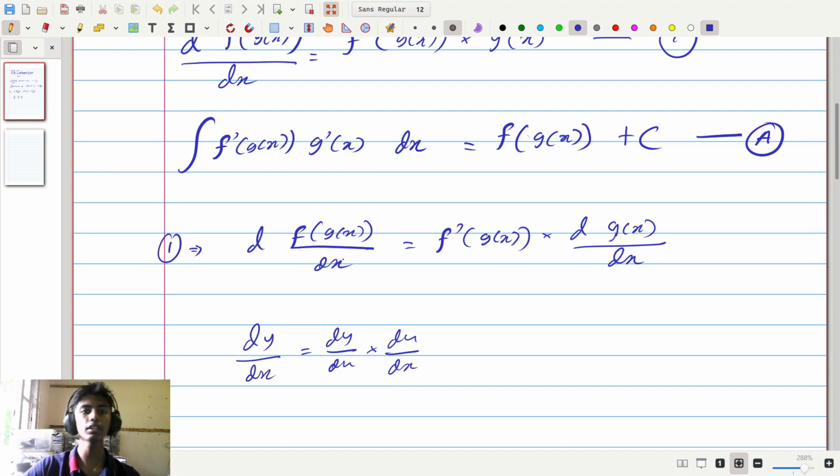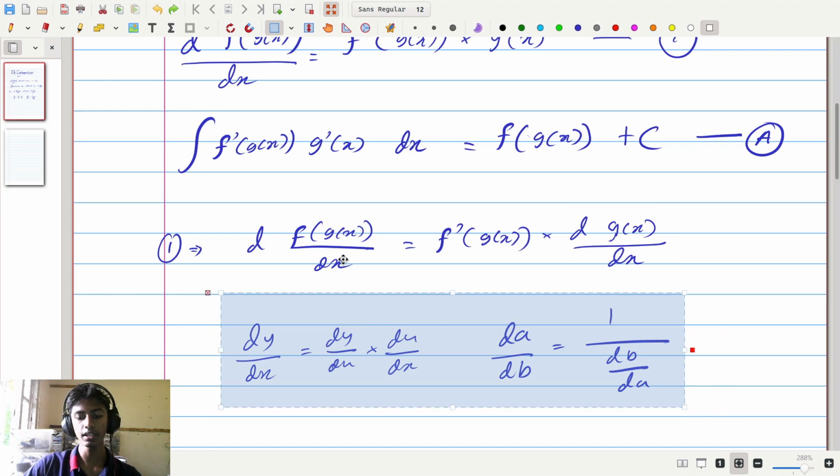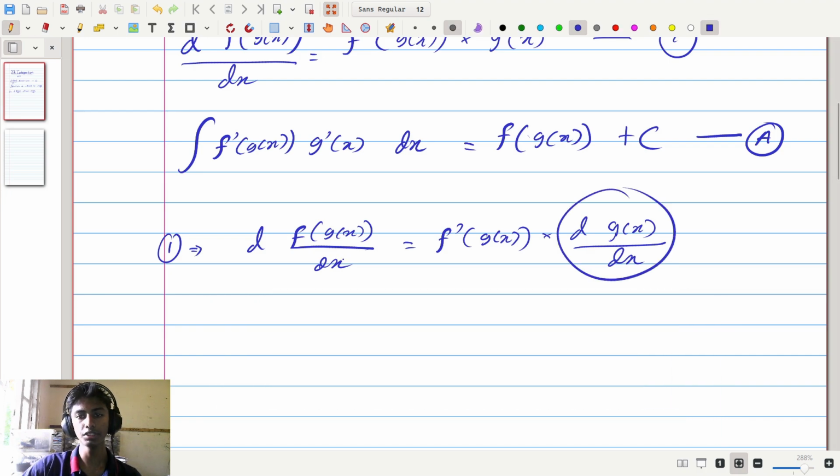The other useful thing is that the derivative of a with respect to b, where a and b are some variables with some given relationship, is equal to 1 divided by the derivative of b with respect to a. This is exactly why I wrote it in this Leibniz notation. So, using the simple rules on Leibniz notation here, we can see that d of g of x by dx is 1 divided by d of x by d of g of x.